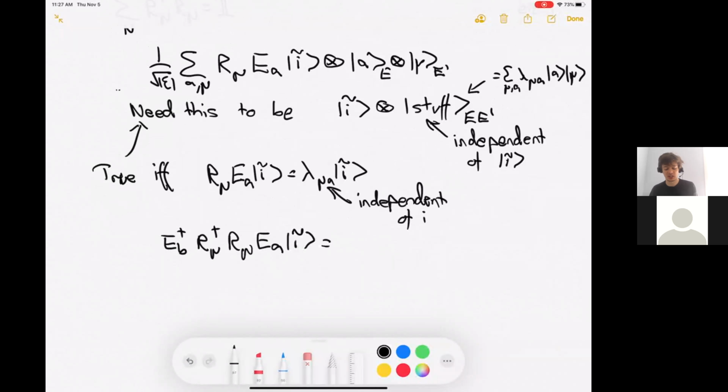Well, the R mu EA just takes I tilde to lambda mu A I tilde. And then the dagger of R mu EB acting on I tilde is just going to take it to lambda mu B star of I tilde. Okay, so again, these two things we've applied still just leave our state proportional to I tilde.